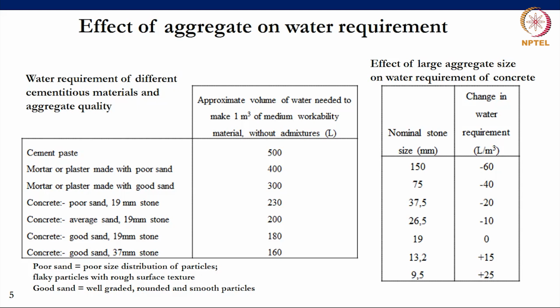But I think this slide gives you a very good sense of the effects of aggregate size and sand quality on water demand. Of course, you'll understand that the reason we're so concerned with water demand is because as we increase water content, we also have to increase cement content in order to maintain water-cement ratio and so maintain the strength requirement of the concrete. Less water therefore means less cement for the same water-cement ratio.